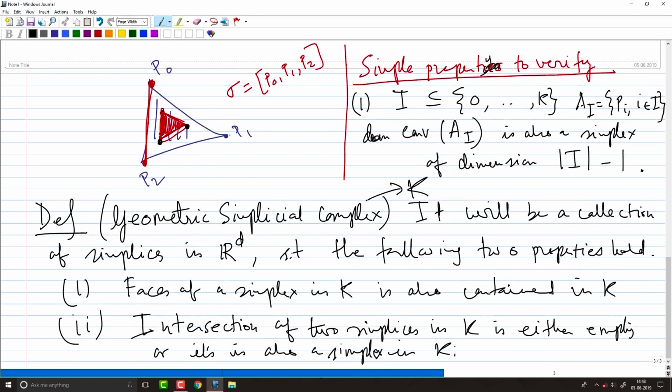I will say simplices in the simplicial complex, or faces in the simplicial complex. I will use them interchangeably.